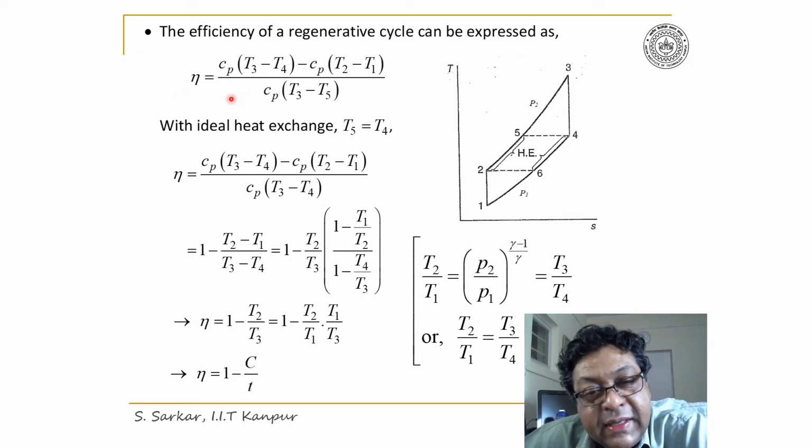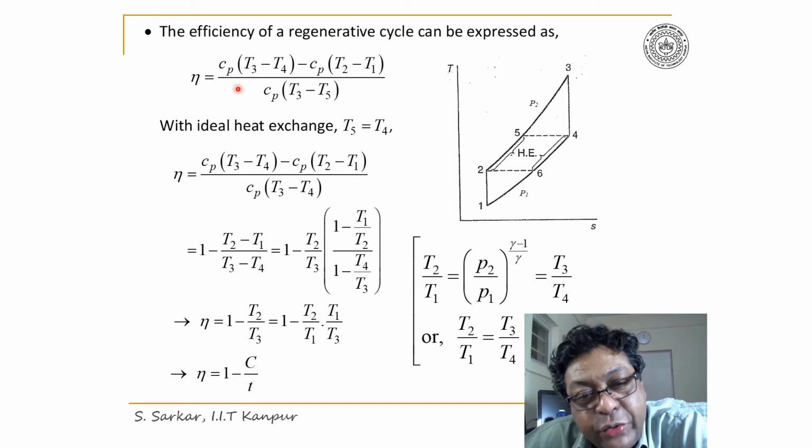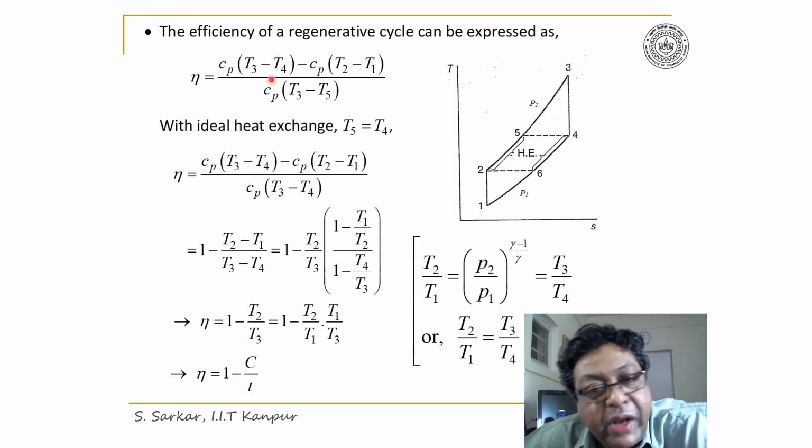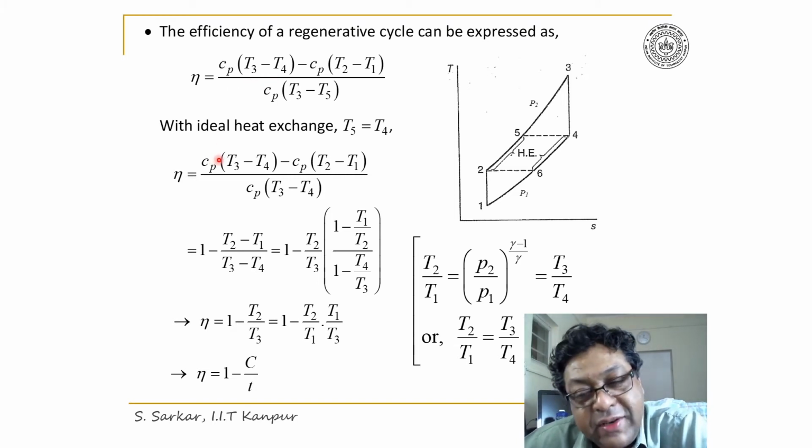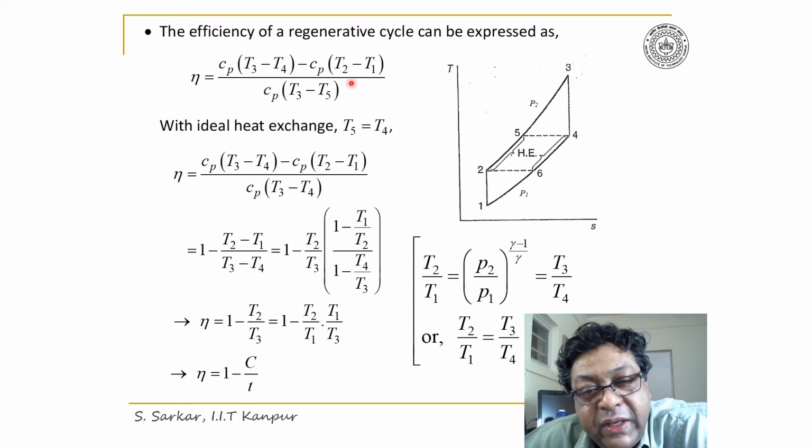Thus, eta is equal to Cp into (T3 minus T4), that is the turbine work, minus Cp into (T2 minus T1), that is the work required by the compressor, divided by the heat added to the cycle, which would now be Cp into (T3 minus T5).